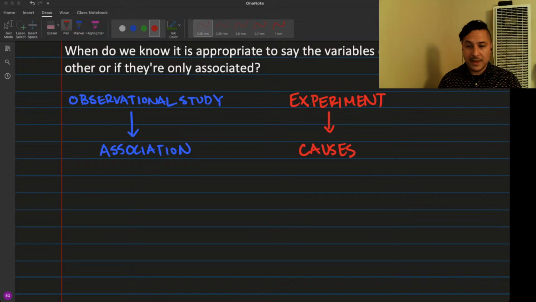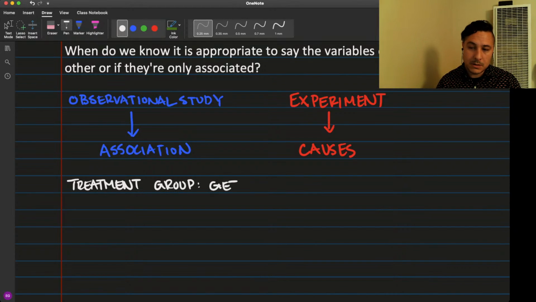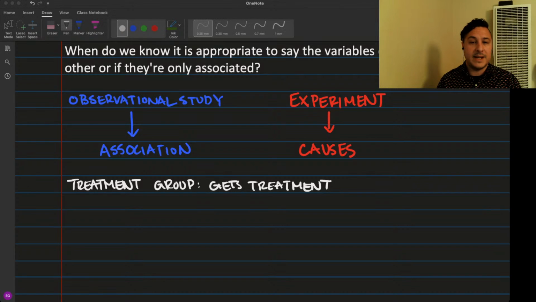So you might remember that the treatment group, let's write this in white. The treatment group gets the treatment. And then the control group, they got like a placebo. So if your treatment is a vaccine, the treatment group gets the vaccine.